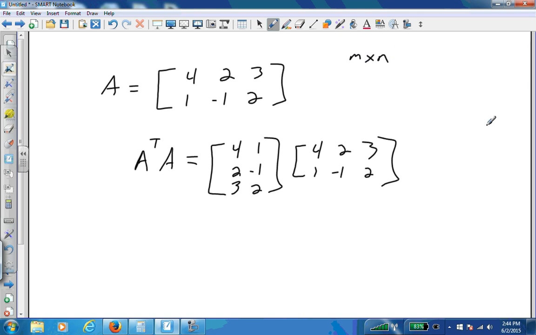I think so, and let's think about that, that should always be the case. If A is m by n, then A transpose, we would swap the number of rows and the number of columns. Those will always match if we swap those.